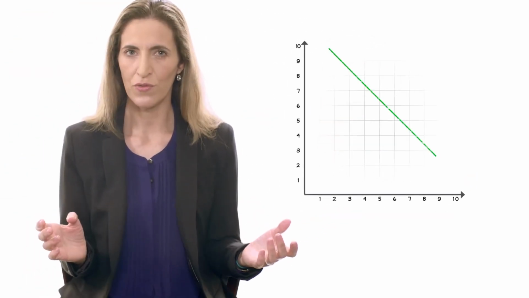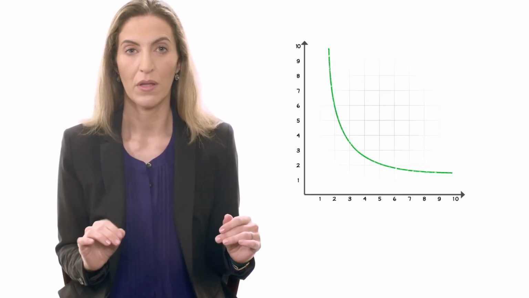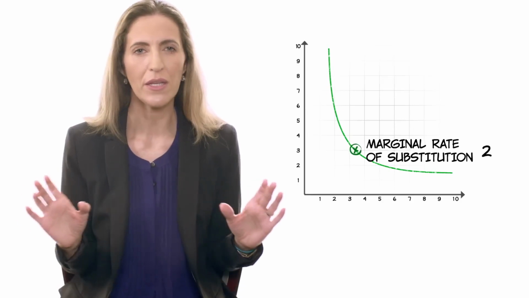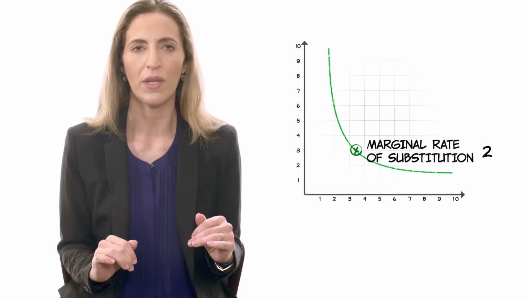Most indifference curves look just like the one in our example. They are bowed inward. This is because the marginal rate of substitution changes depending on how much of the goods you have and your willingness to substitute between them. But there are exceptions, and indifference curves can look very different. Suppose you view two goods as substitutes.